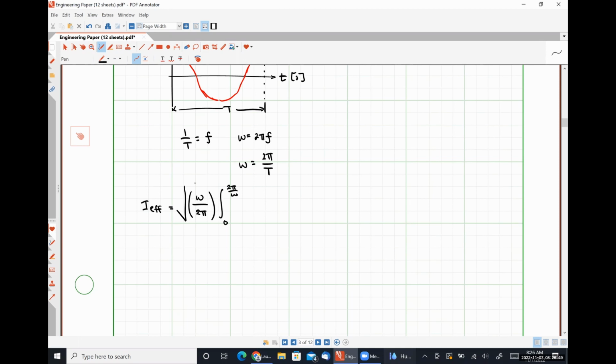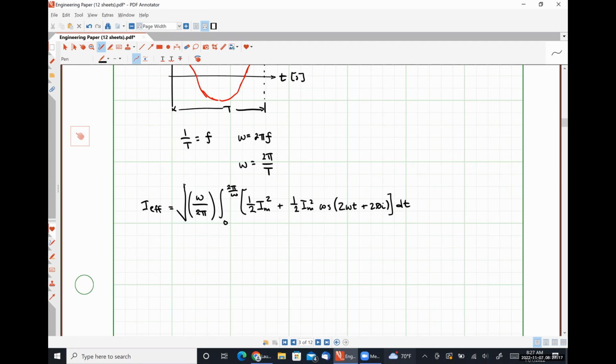Our current waveform squared is going to look like 1/2 Im squared plus 1/2 Im squared cosine of twice omega t plus twice theta I.